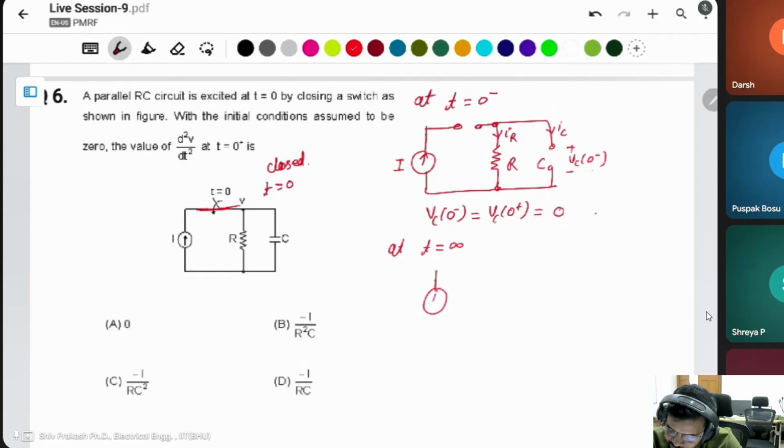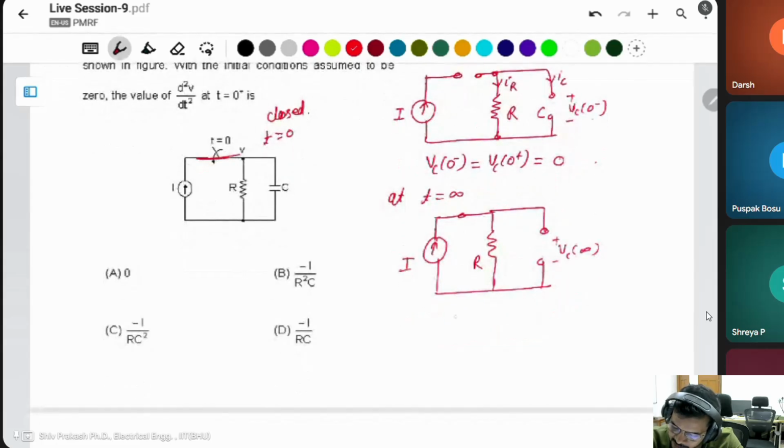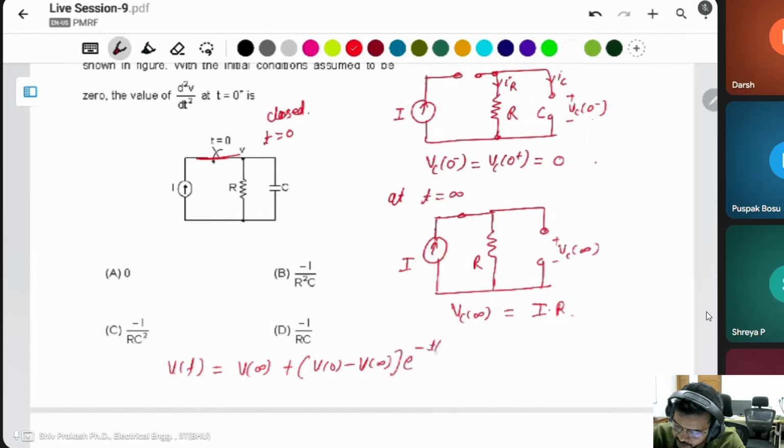Correct. This is a closed circuit after that. And then this is behaving like an open circuit at infinity. And V at infinity is the same as I into R. You can apply the formula V(t) equal to final plus initial minus final, e to the power of minus t by tau.